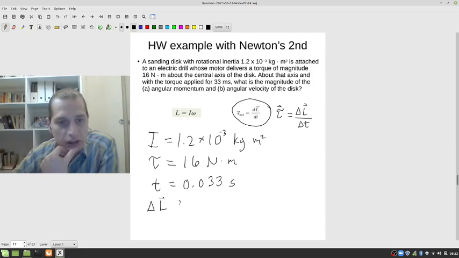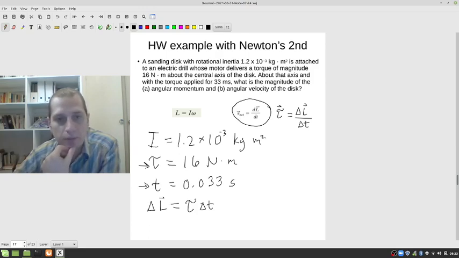But your delta L is going to equal torque times delta t. So they give you the torque, they give you the time. You multiply these two together to get your angular momentum. So that's what part A is asking.